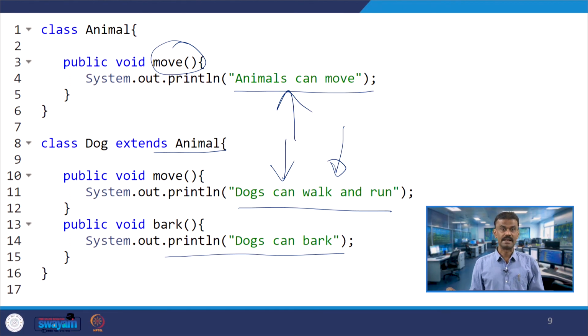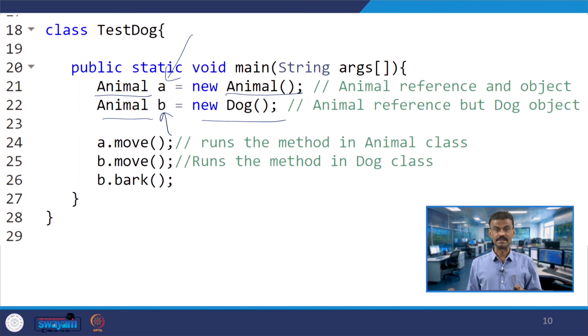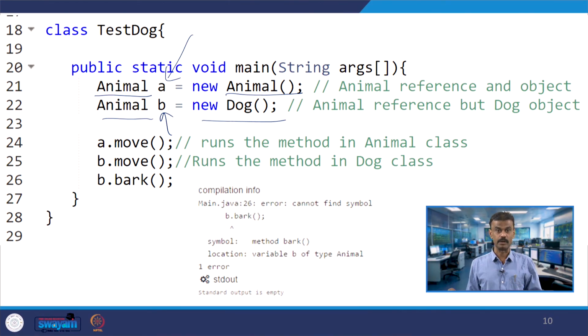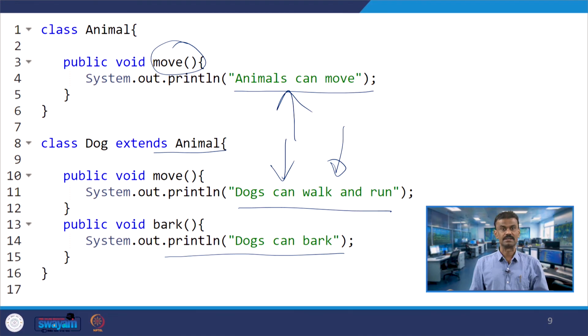You have to have the bark method in both the classes, otherwise your casting will not work, and you will get an error. So this is an error. B.bark goes to the superclass, and bark is not there.